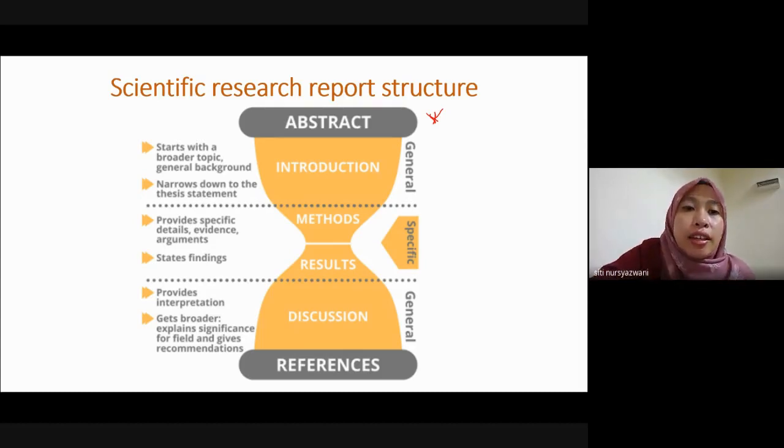Okay? They start in the broader topic, general background, kat introduction lah, narrows down to the thesis statement, significance of study, you punya objective, and then be specific on the method and also you punya results. And then discussion, kita provide interpretation and get more broader, explain significance, the fields and give recommendation.